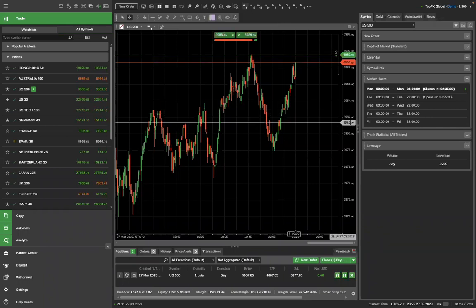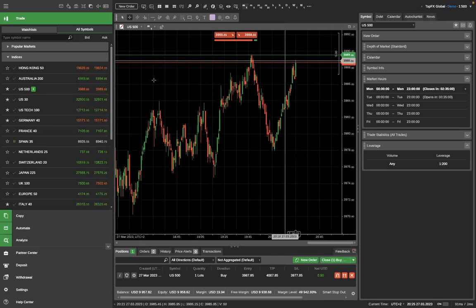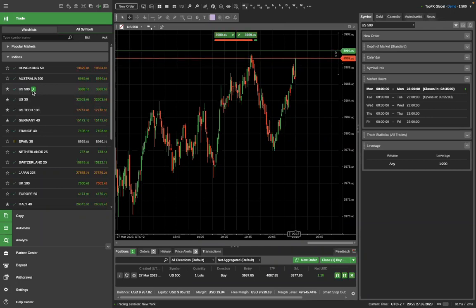There's no problem for me to immediately receive the trade on the market, and right now I have this number one next to the US 500, which means I have one position open on the US 500.